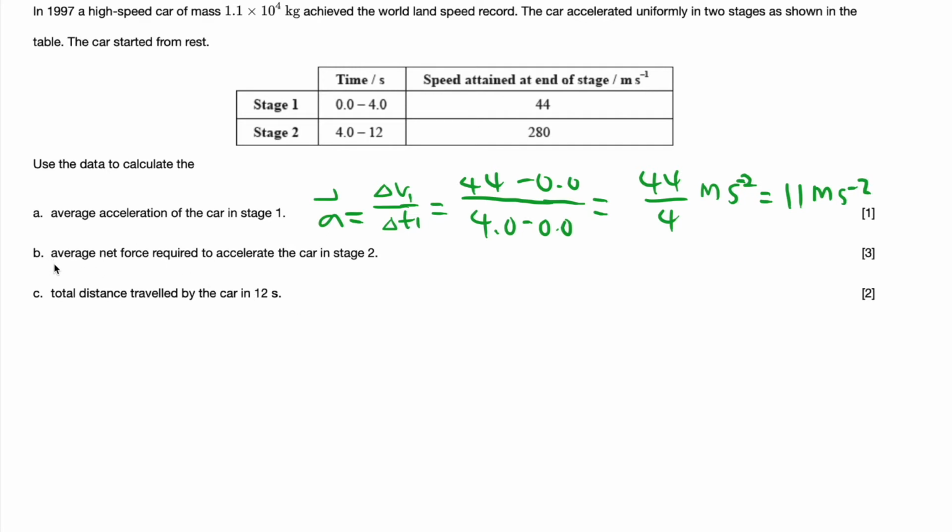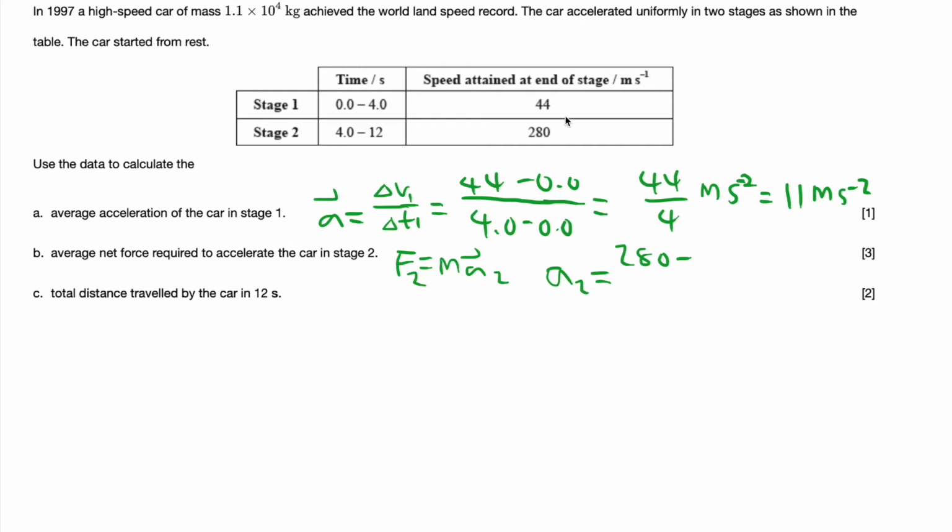Part B asks you to find the average net force required to accelerate the car in stage 2. So we know force is equal to mass times acceleration. And acceleration is equal to change in velocity over change in time. So acceleration for the car in stage 2 is going to be equal to the final velocity 280 minus the initial velocity.